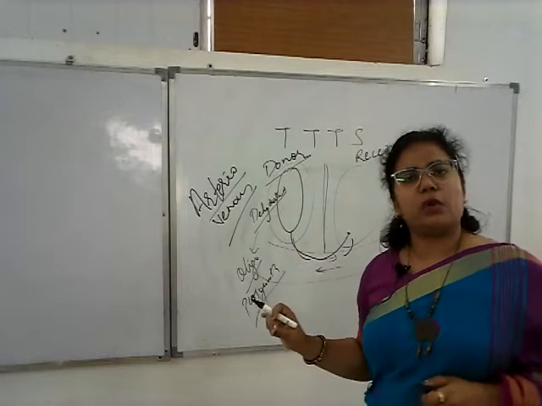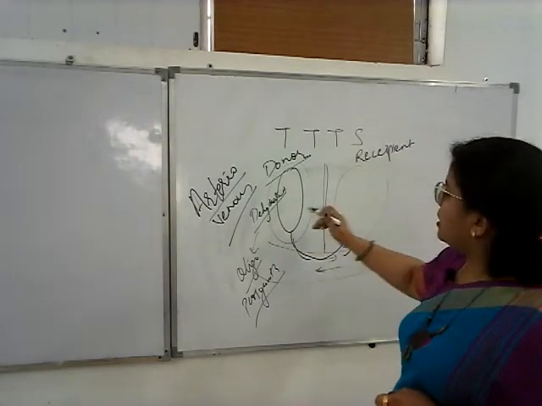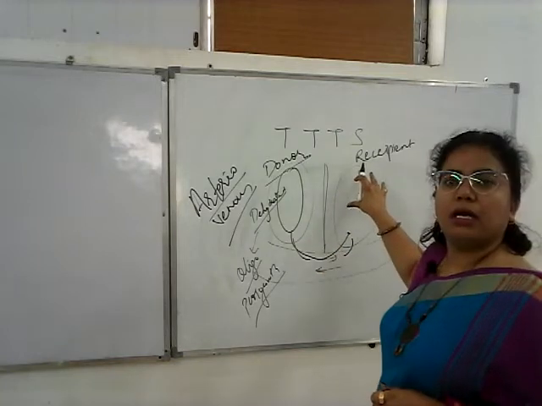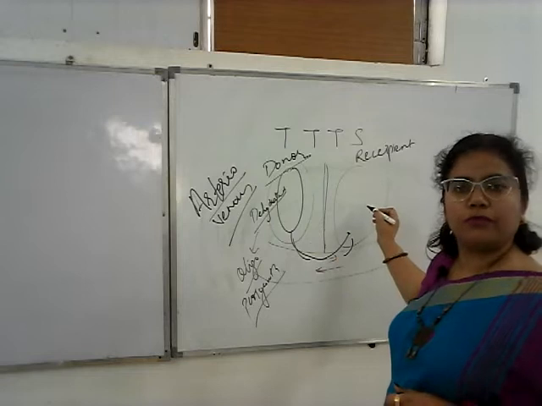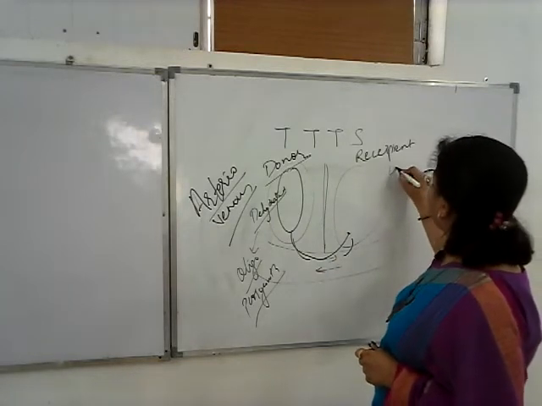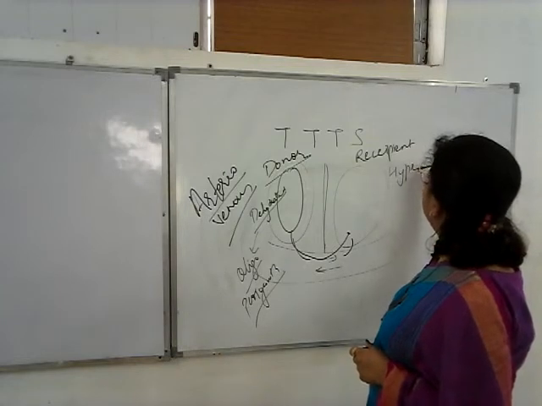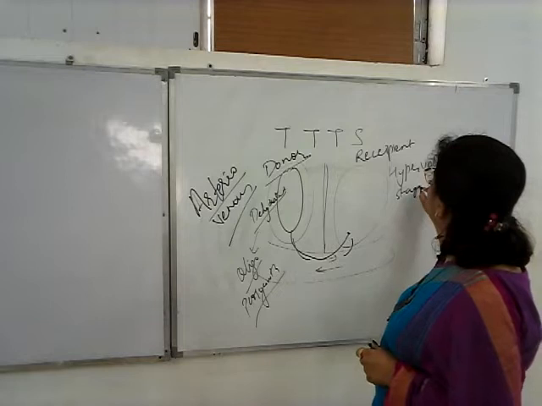The donor twin is the smaller twin, and this recipient, what happens? The recipient has its own blood as well as the blood taken over from the donor. So there is a hypervolemic state.